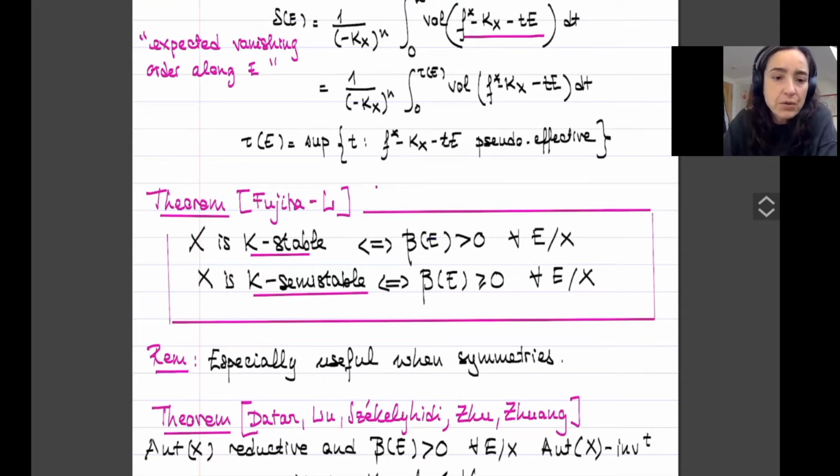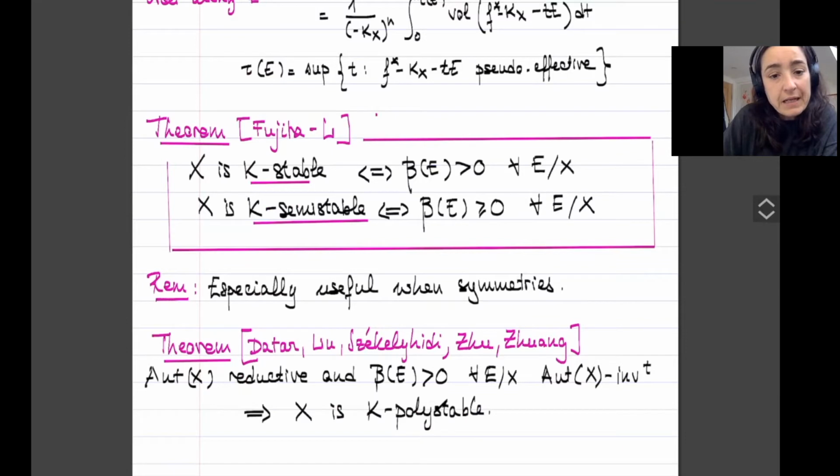And this is due to, so a sample theorem in there is due to Datar, Liu, Székelyhidi, Zhu, and Zhuang, and says that if you have reductive automorphism group, and if the beta invariant of every divisor over X which is G-invariant is strictly positive, then X is K-polystable.